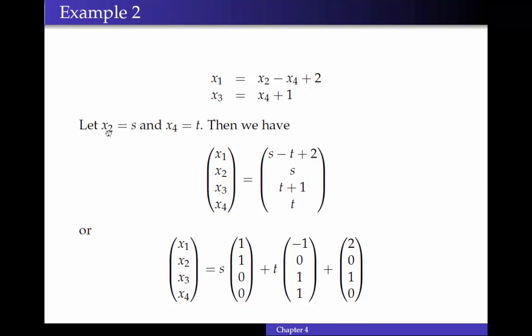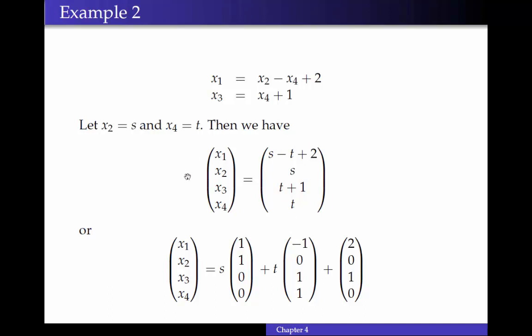We're going to say x2 is equal to s, and x4 is equal to t. Well, then our solution is we just write down our vector of variables that we're looking for. x2 is s, x4 is t. And then x1 is s minus t plus 2. And x3 is t plus 1. So just fill those in vector format.